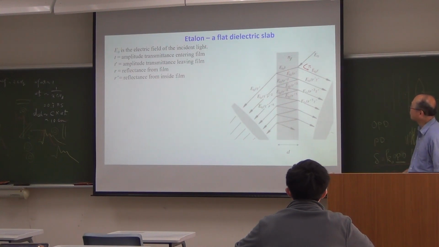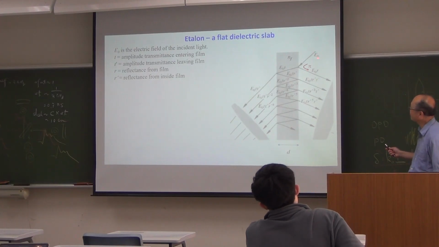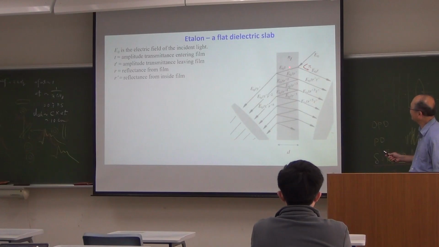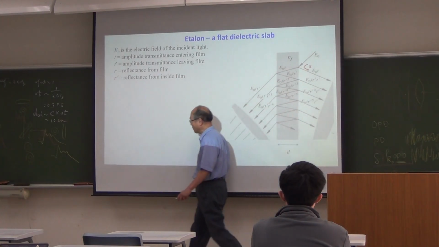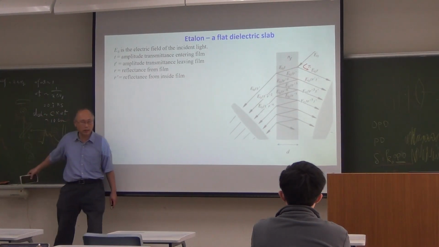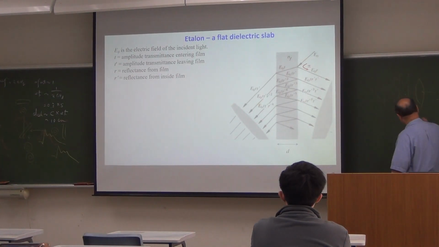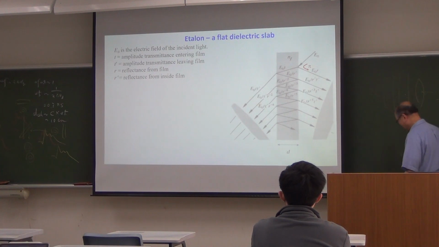So E0 is the incident light field, and t is the transmission from, for example, air to this film, the transmission coefficient. Don't forget how we define t and r, because later you're going to look into the relationship between t and r.